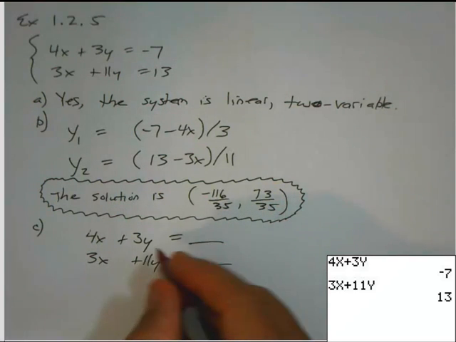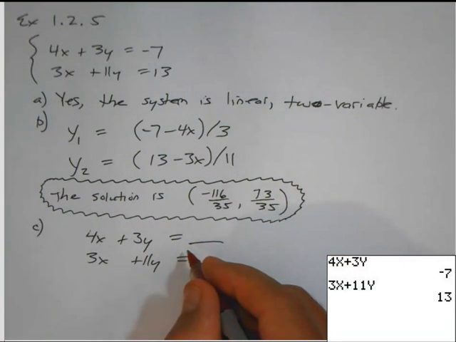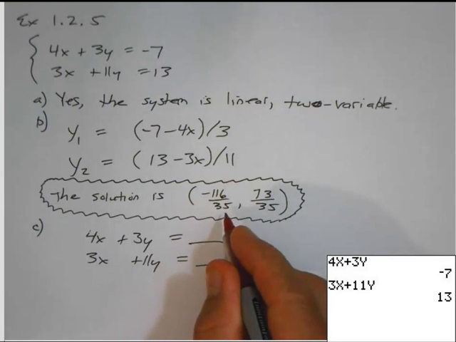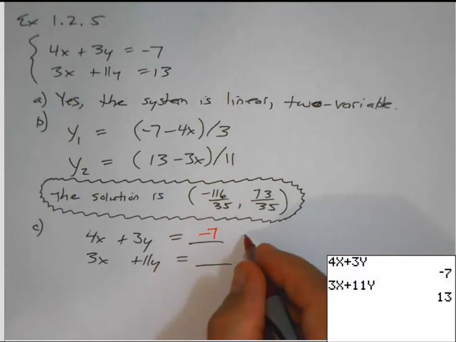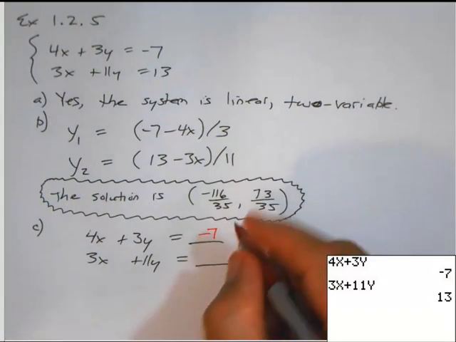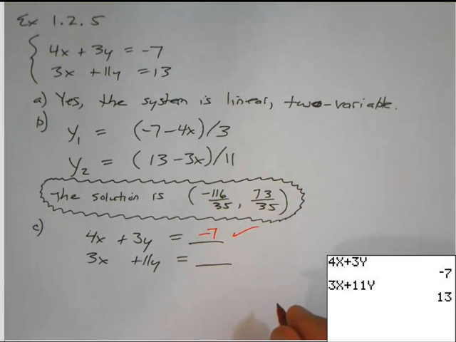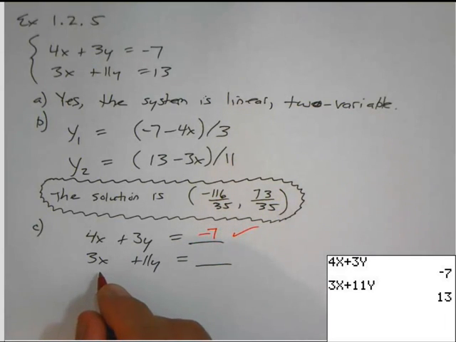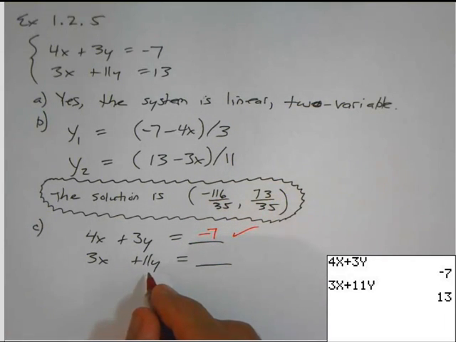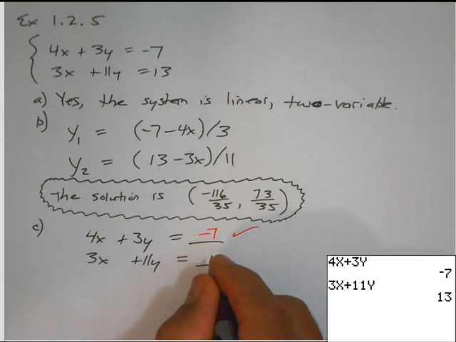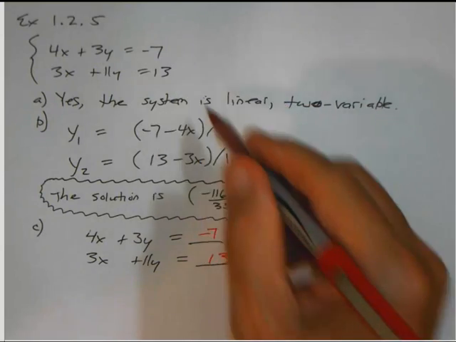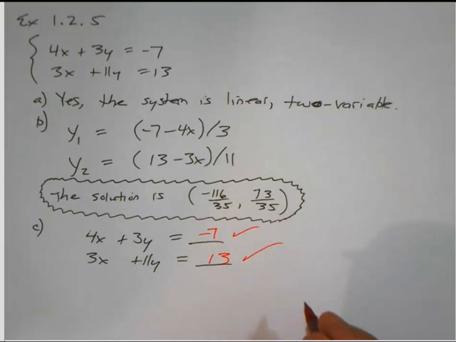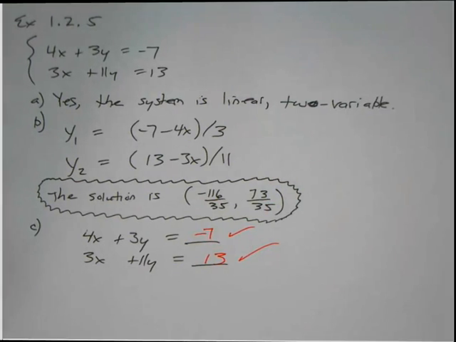We have found 4x plus 3y, upon substitution of this x and y solution here, is -7. That is the same as the original equation's right-hand side. That's a check. The second equation left-hand side, 3x plus 11y, calculator determined this sums to 13. That's the same as the original equation. That's a check too. Alright, this solution overall now looks really good.